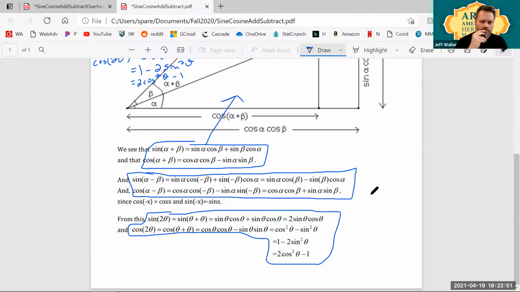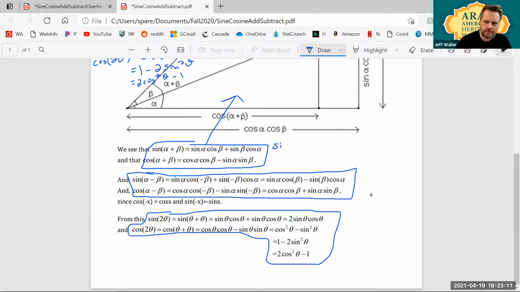So watch this. Before today, were you able to tell me an exact answer to what sine of 15 degrees is? No, not really.